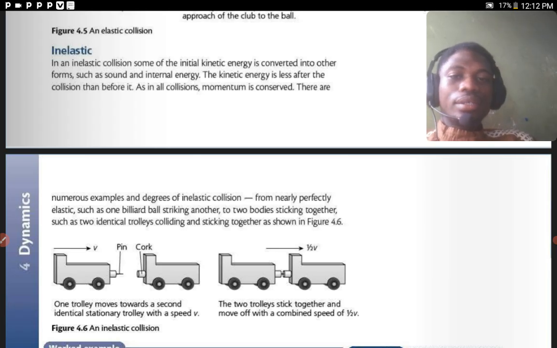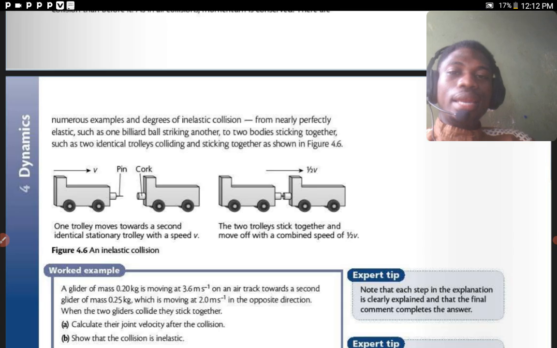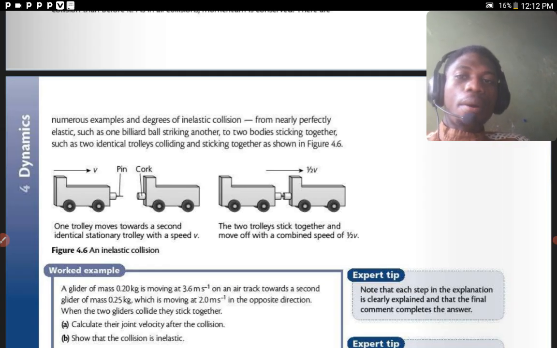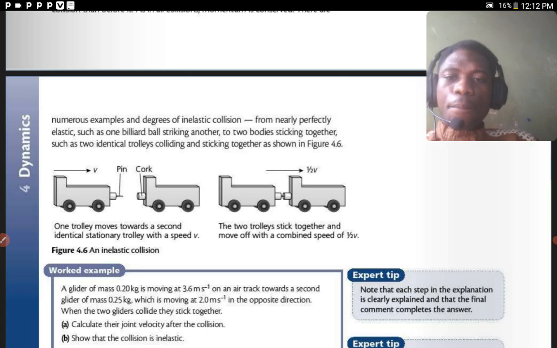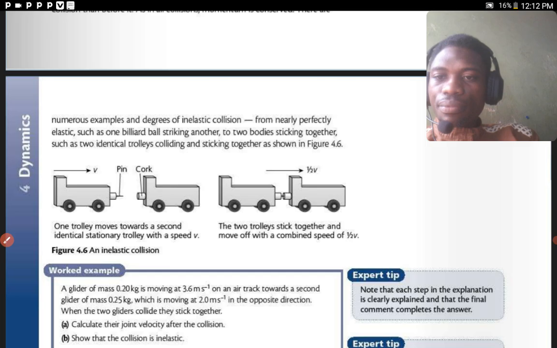We can even talk of partially inelastic, and so on. For perfectly inelastic, we can talk of a ball striking another ball. Anyway, I'm going to take more examples and explain. We'll get there at the level of the example. All right. Okay, good.